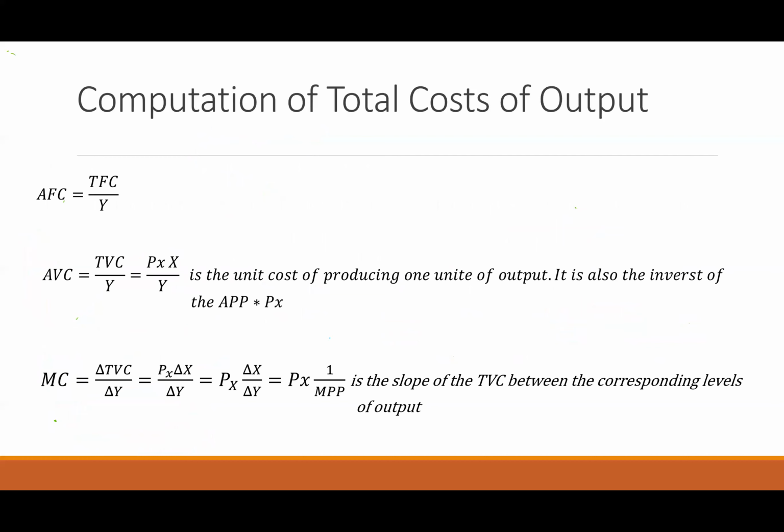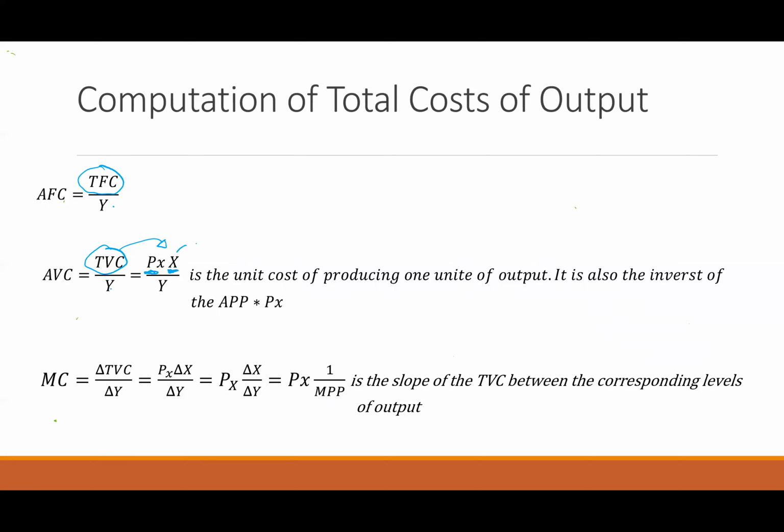So those are the different costs, and how do you compute them? Well, average fixed cost is total fixed cost divided by Y. Average variable cost is total variable cost divided by Y. We can also write this in this form because the total variable cost is the input price times the quantity of input.